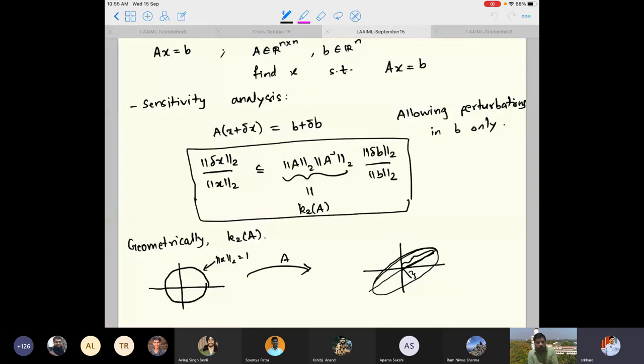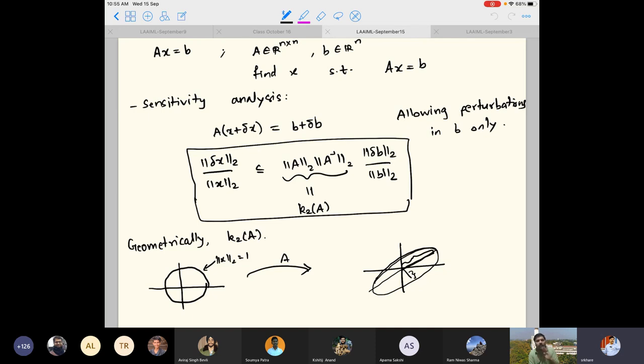I'm going to write down a result similar to this sensitivity analysis result, where both A and B are perturbed. This result is proved only for the vector B perturbed, but I will just write down the result where both A and B are perturbed, and that's it.